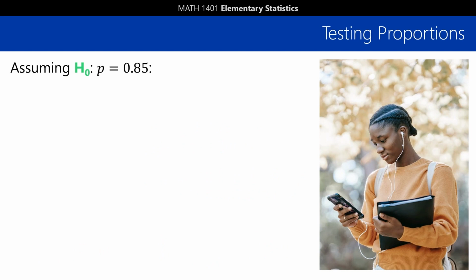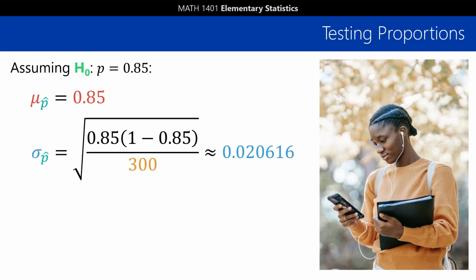If the null hypothesis is really true, that is, if 85% of college students own smartphones, then we can figure out the sampling distribution of the sample proportions. The mean would also be 85%, and if we plug that into our formula for standard error, square root of p times 1 minus p over n, then we end up getting about 2% for our standard deviation.